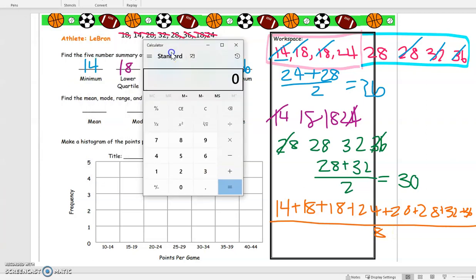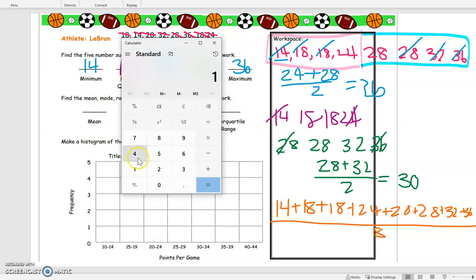Again, for this step, I'm going to pull in a calculator. So I have 14 plus 18 plus 18 plus 24 plus 28 plus 28 plus 32 plus 36. And then again, there were 8 numbers in my data set, so divide by 8.